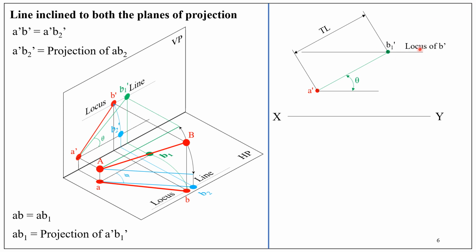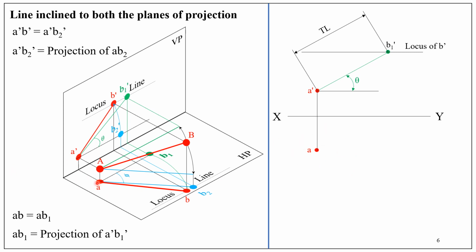What it means is definitely point B dash will be located on this horizontal line. Now project point A in top view. So this is point A, the top view point. So that is drawn.